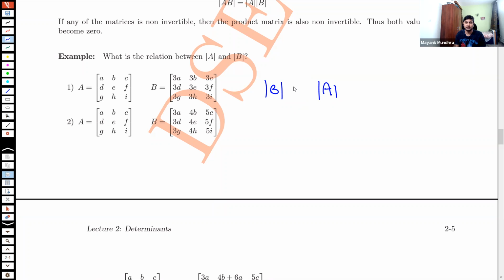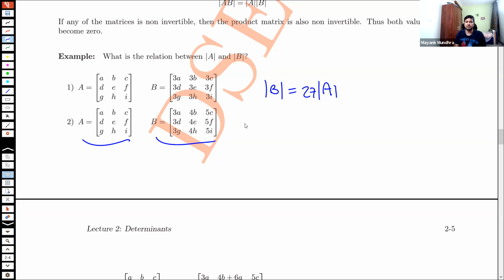Any other answers? 27 times. Very good, 27 times A. Because I can take a 3 common from row 1, from row 2, and from row 3. So I get 3 times 3 times 3. So that's 27 times A.